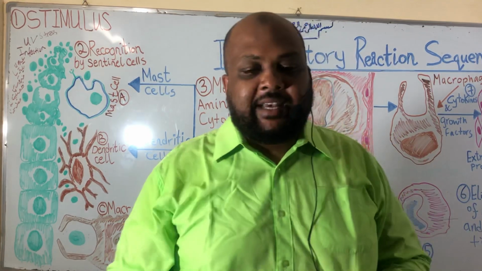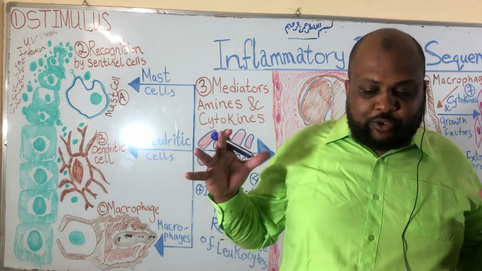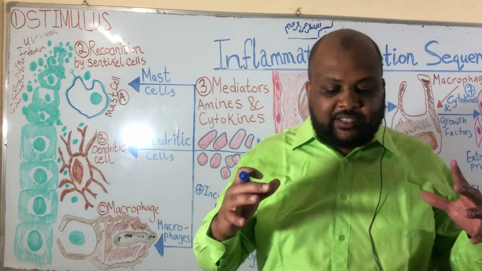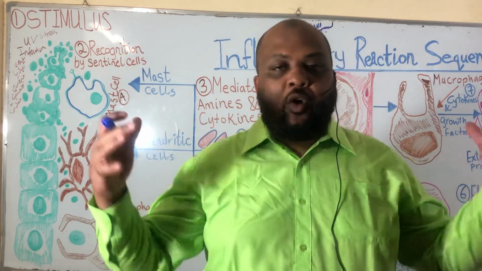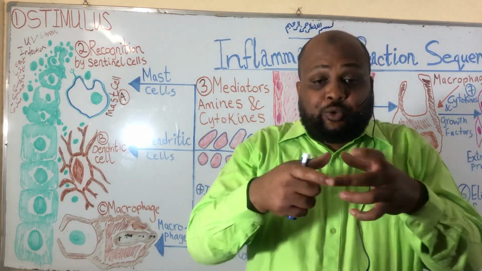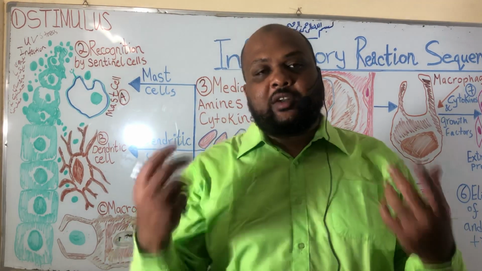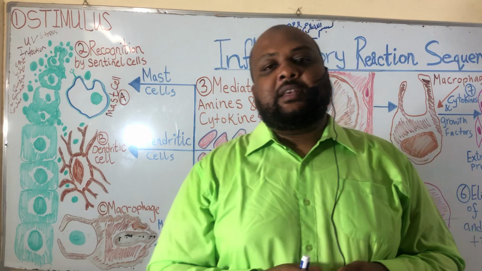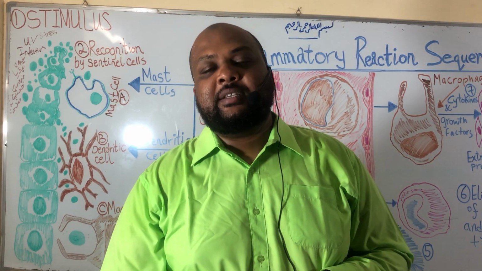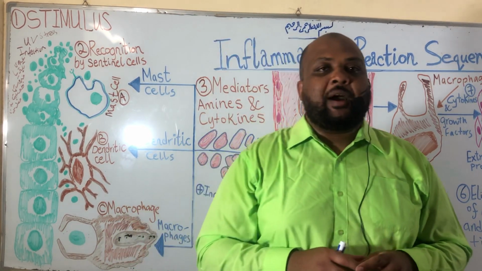And that should make sense because we have swelling due to the edema, we have heat due to the rush of blood to the site of inflammation due to the dilation of blood vessels initiated by the cytokines released by these sentinel cells such as macrophages.